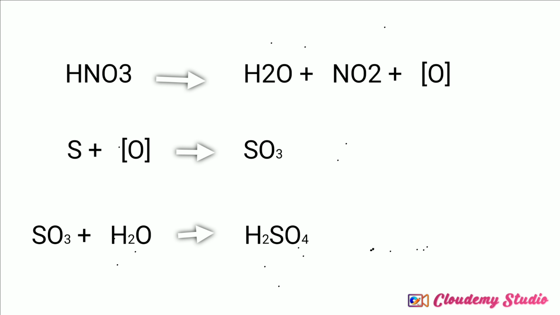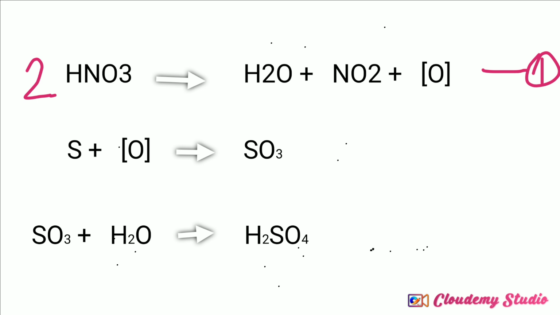This is the first equation. At the first equation, first of all, we need to balance hydrogen: at the left hand side only one time, but the right hand side two times. Therefore, this nitric acid we need to multiply by two times.